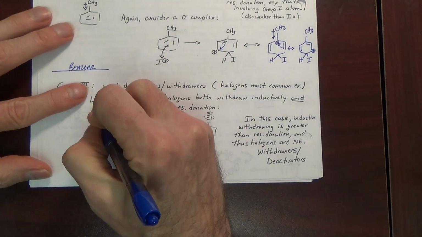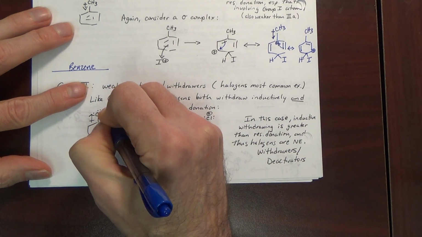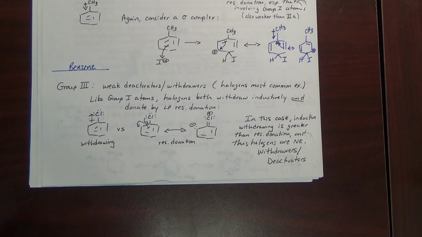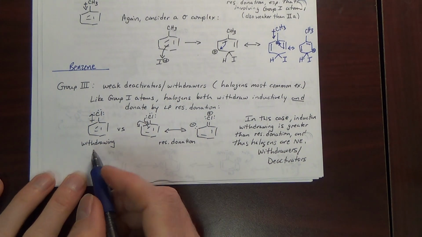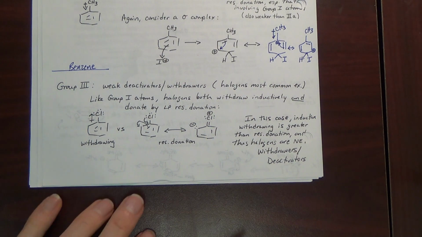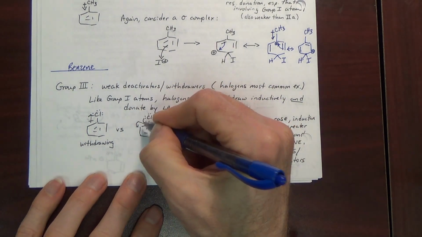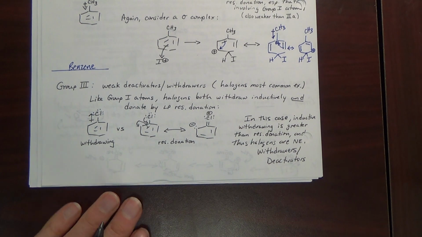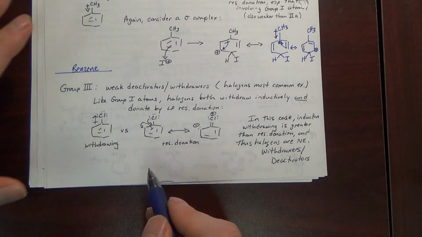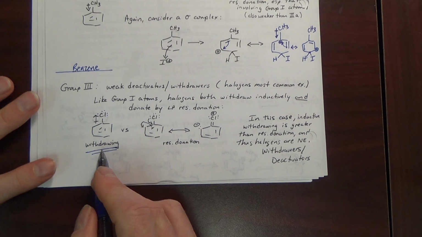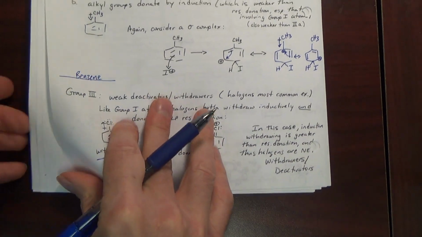Now the halogen, like a chlorine, does have a lone pair. In terms of induction, they withdraw inductively. Because they have a lone pair, they donate by resonance. But with the halogen, the withdrawing is the major effect. The inductive withdrawing is the major effect.